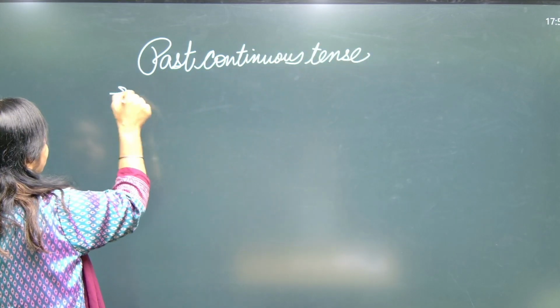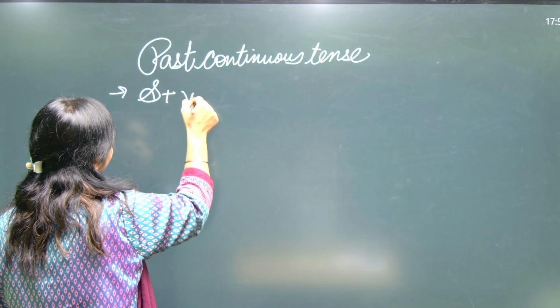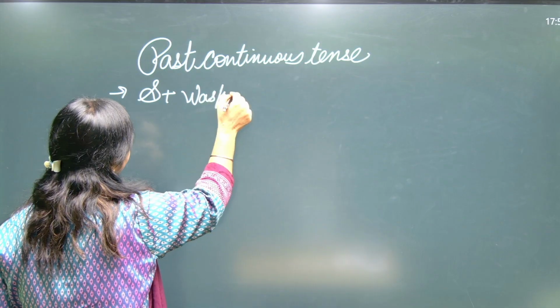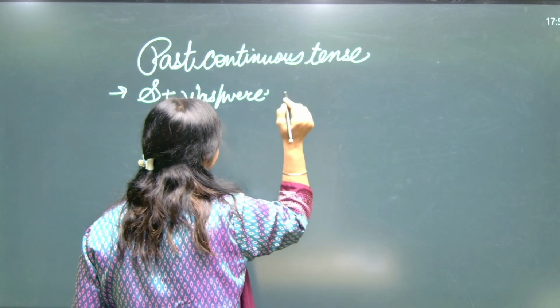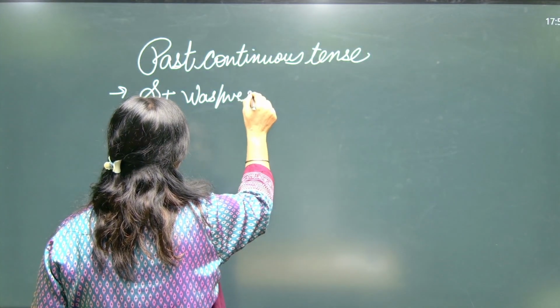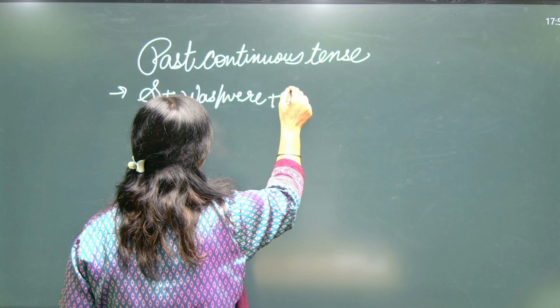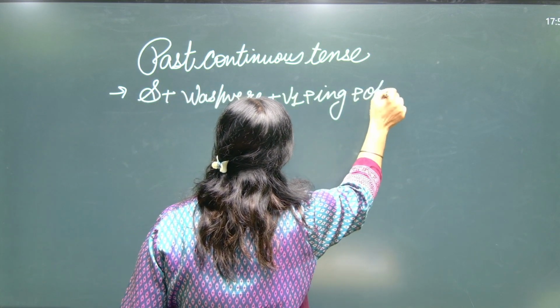So the format of past continuous tense is subject plus was, were plus verb's first form plus ing plus object.